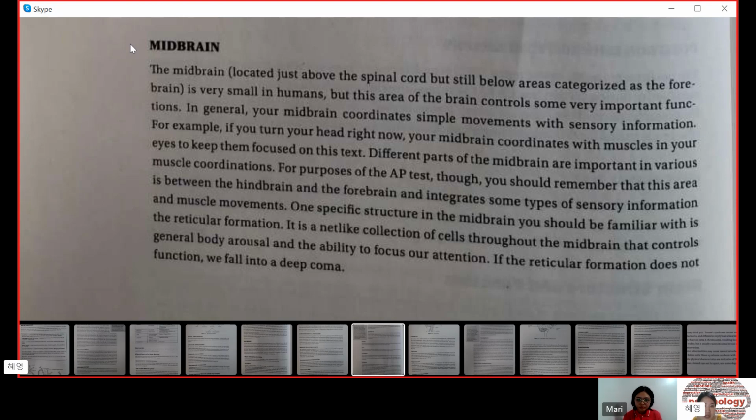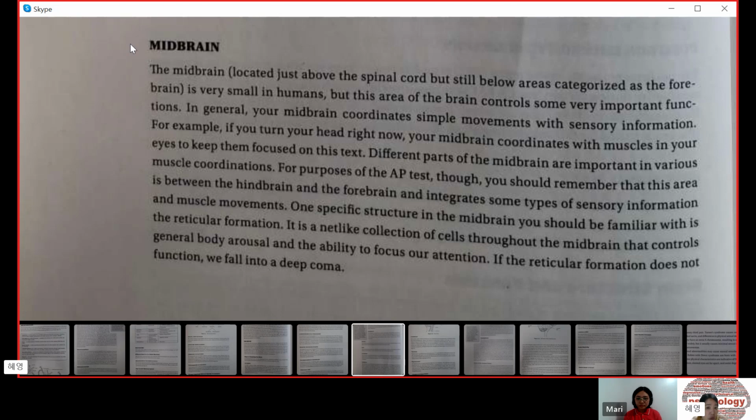In general, your midbrain coordinates simple movements with sensory information. For example, if you turn your head right now, your midbrain coordinates with your muscles.